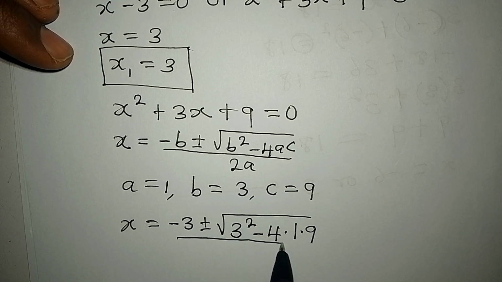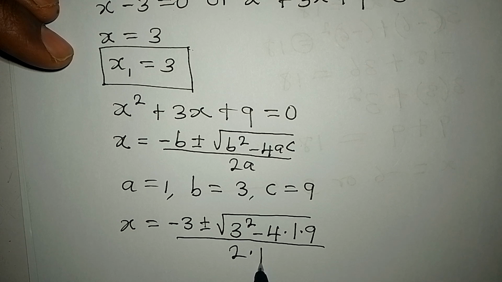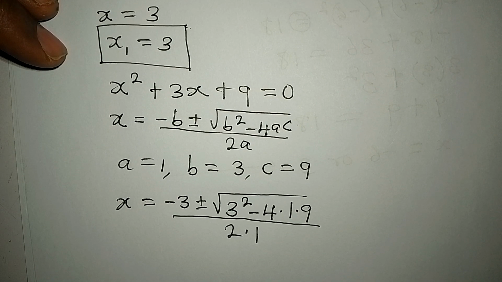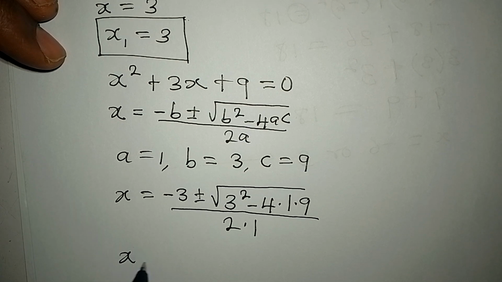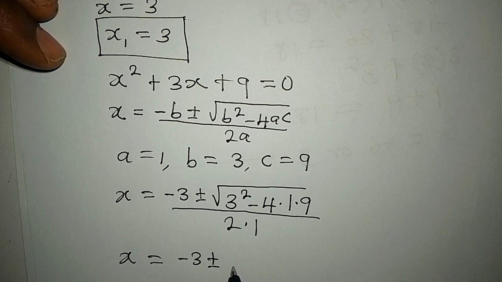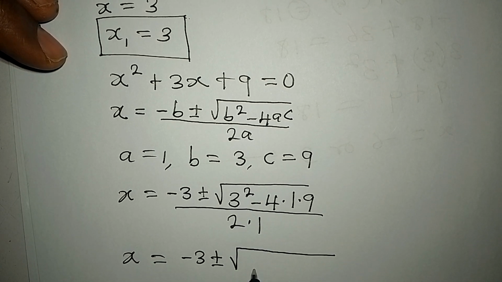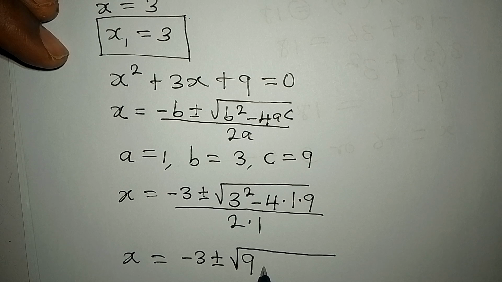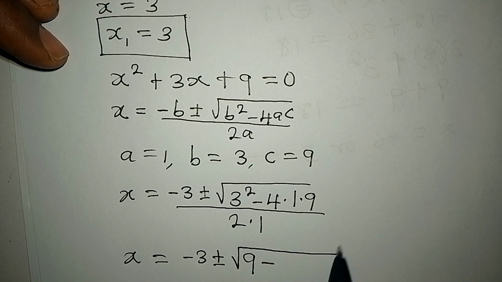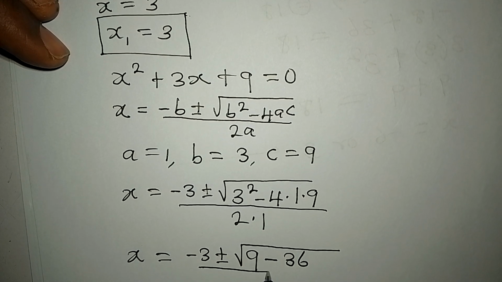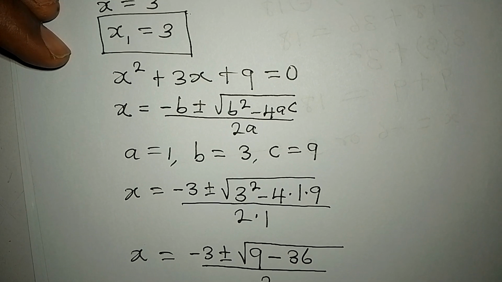Then this is divided by 2 times 1 because a is still 1. Now from here we have x equal to minus 3 plus or minus square root of 3 squared, that would be 9, then minus 4 times 1 times 9, that would be 36. Then this is all over 2.